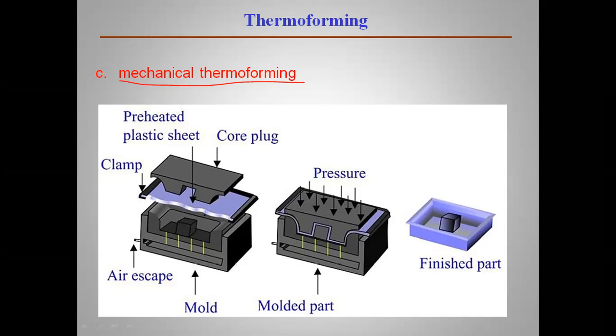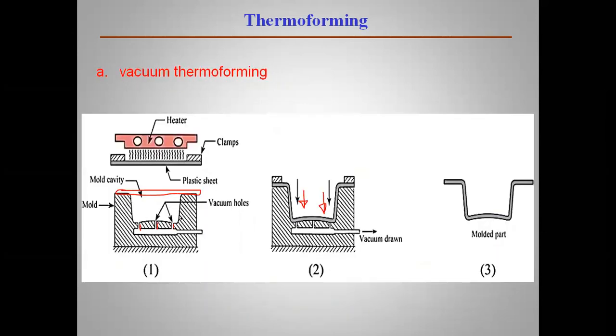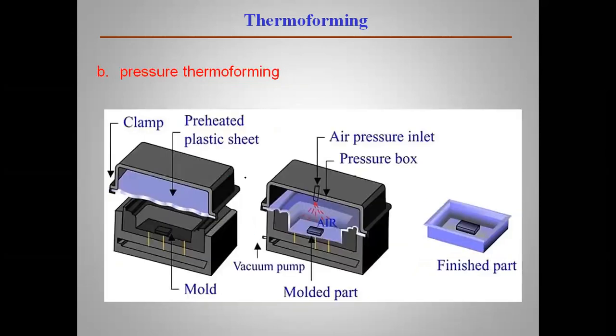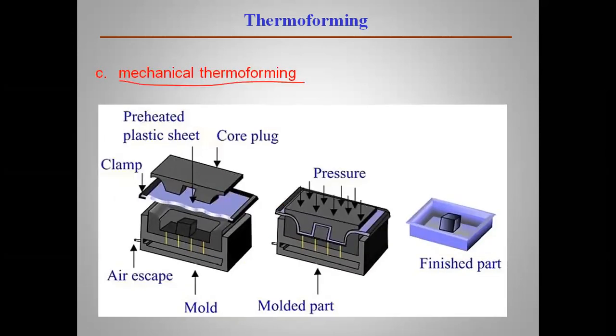So in the mechanical forming method, air pressure is not used anywhere. See, in the previous case air pressure is used, that is vacuum is used, here air pressure is used, but here there is no air pressure used. Let us see the sequence.